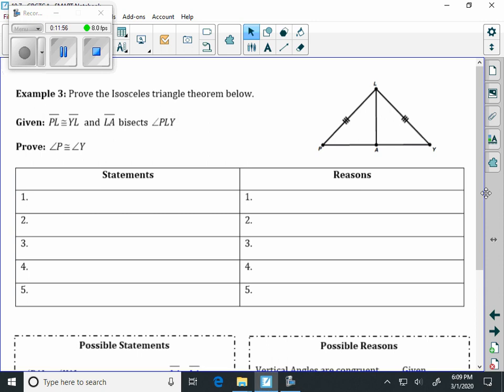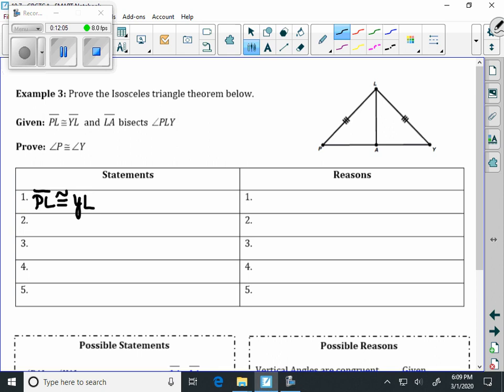We'll start with our given, and our given is that PL is congruent to YL, and LA bisects angle PLY. And that's given.